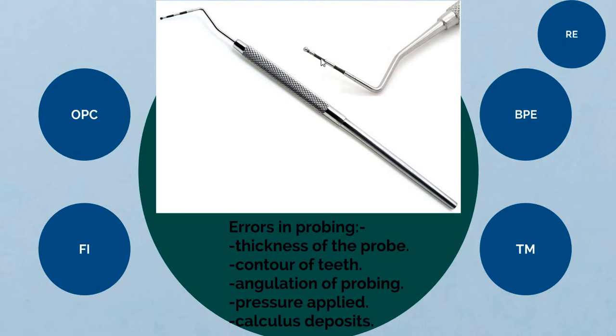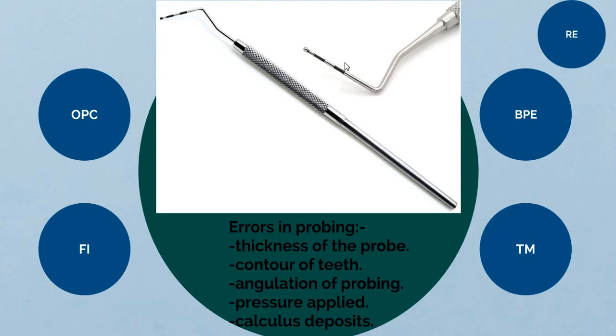Here we see a WHO probe in which we have a ball of 0.5 millimeter, then a white steel area which is till the black band, is 2 millimeter, and there we have 3 millimeter here, and 2 millimeter here, and 3 millimeter in this segment. So overall we have 11.5 millimeter from the WHO probe.